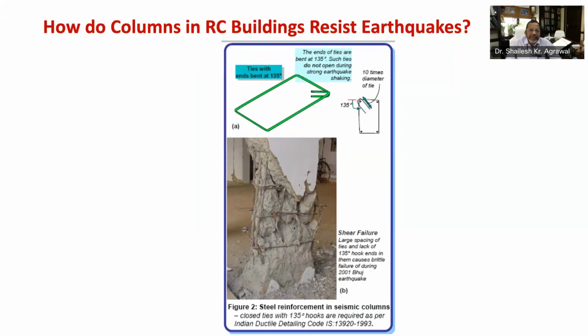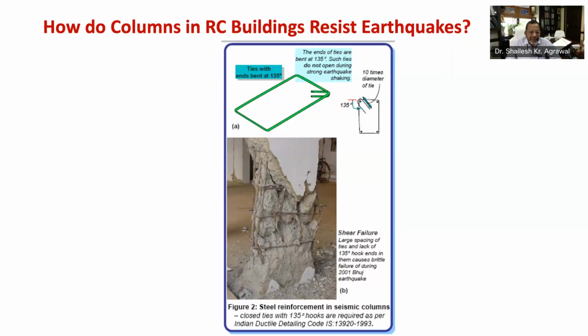The IS 13920, that is the ductile detailing code, gives reinforcement detailing for the column. As per the code, the column should be at least 300 mm wide, and if supported length of column is less than 4 meter and beam length is less than 5 meter, the width of column can be up to 200 mm.